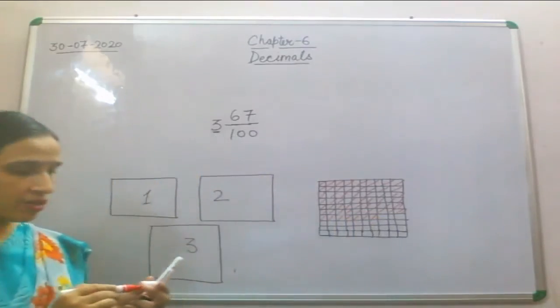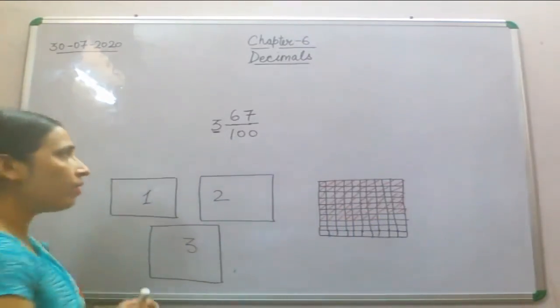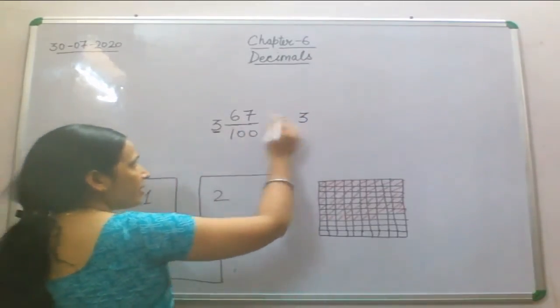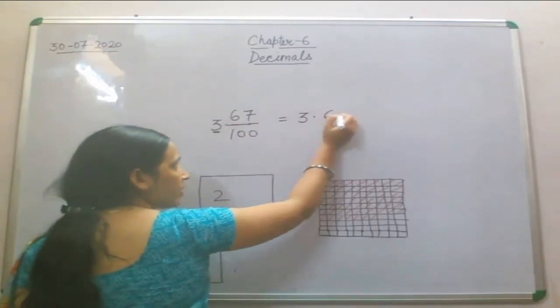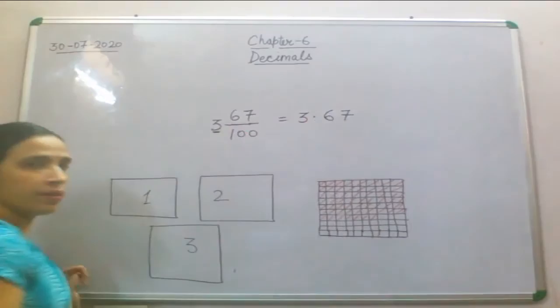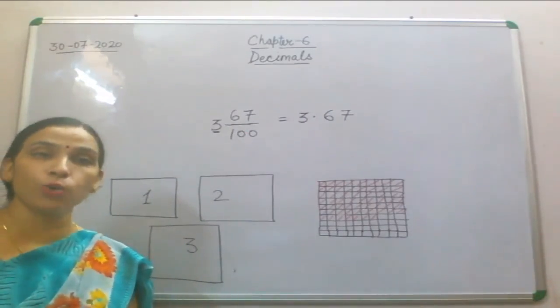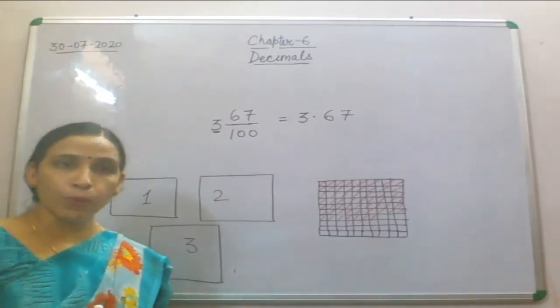It means we have shaded 67 portions. So how will we write it? Now 3 is the whole part, and here 67 will be written to 2 decimal places: 3.67. 3 is the whole number and this will represent the decimal portion.